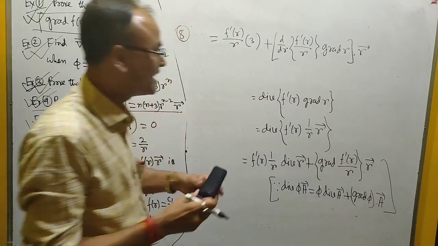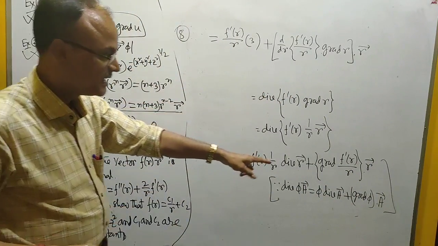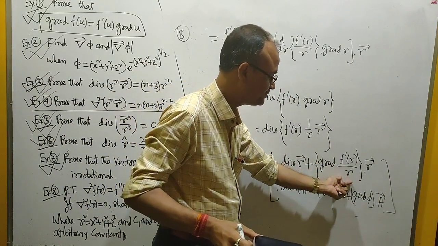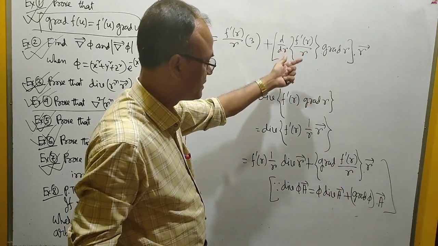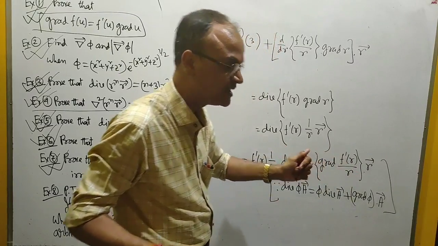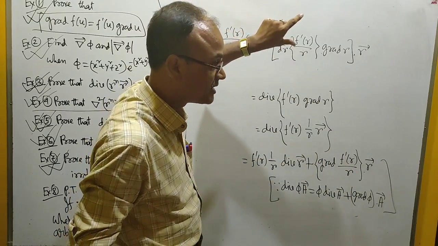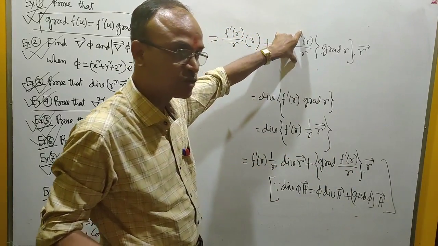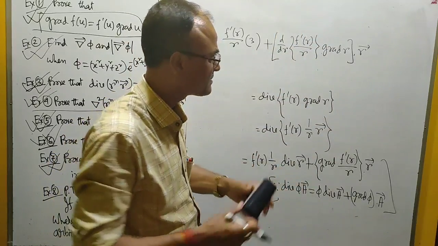The gradient of a function of r means differentiate this function with respect to r, into gradient of r.